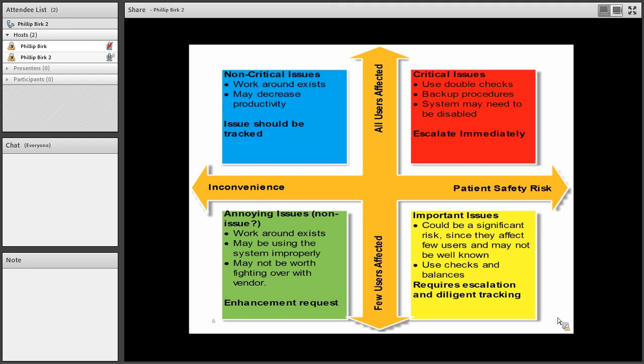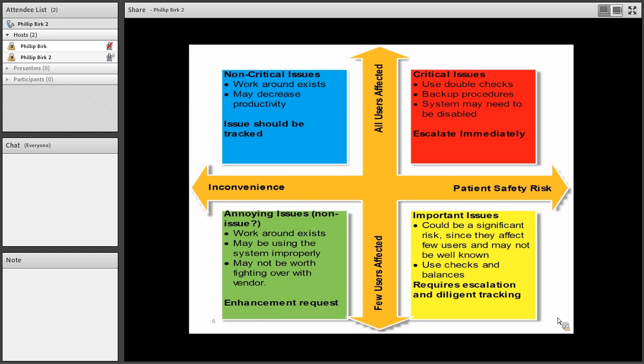So if you have a problem where occasionally when nursing orders a particular test, the notification doesn't get to the lab in a timely manner, maybe you follow it up with a phone call, right? It's a system of checks and balances. This is one that will require escalation on your part and tracking until it's resolved, but your vendor will look at it and be more aware of it as well.